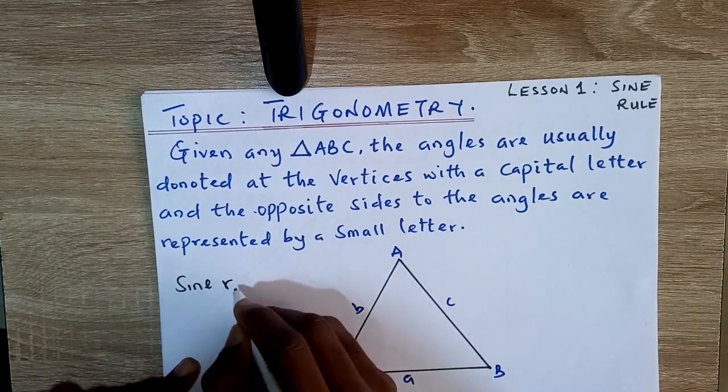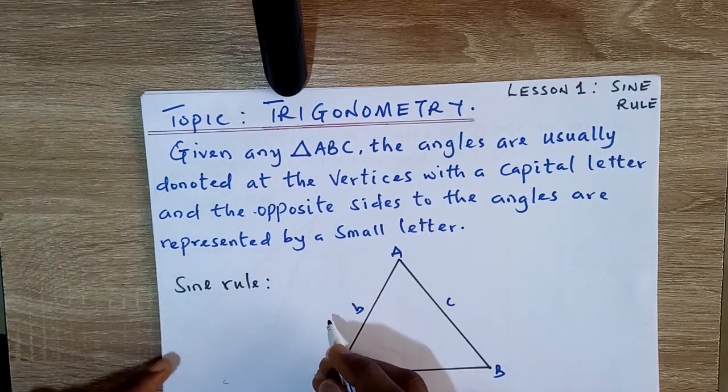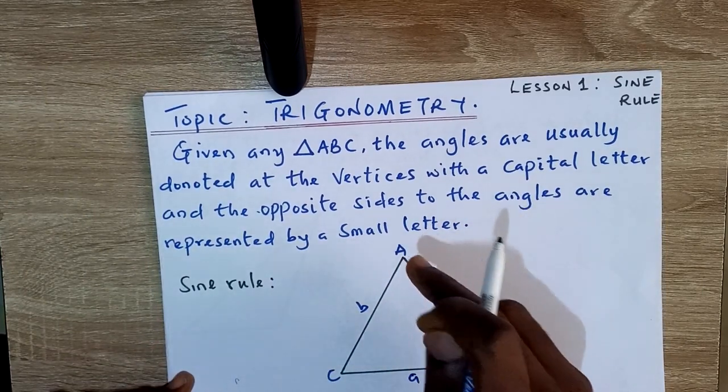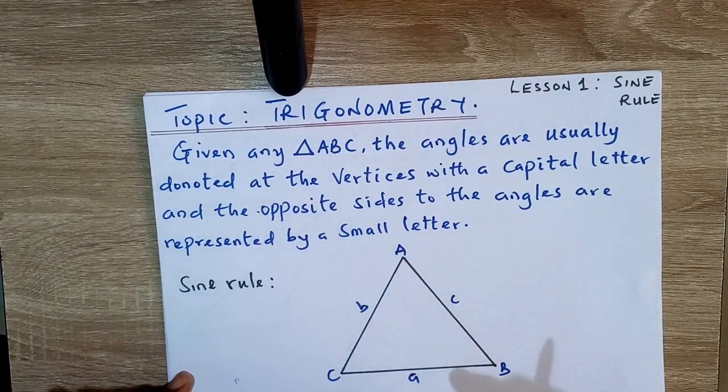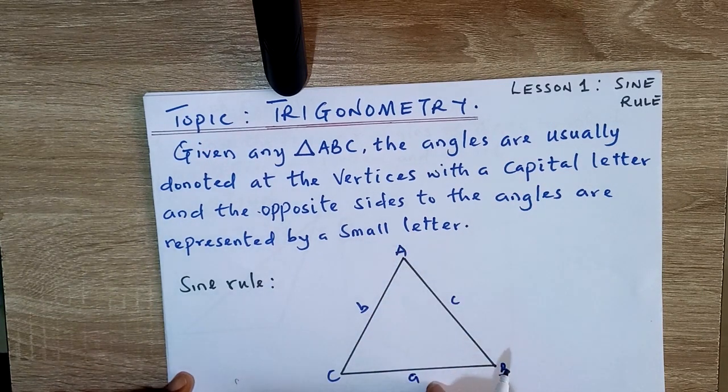The sine rule, we can also refer to this as the sine formula. It is taking the ratio of each corresponding side to the what? To the angles. That is the sine of the angle of the corresponding side to its angle.